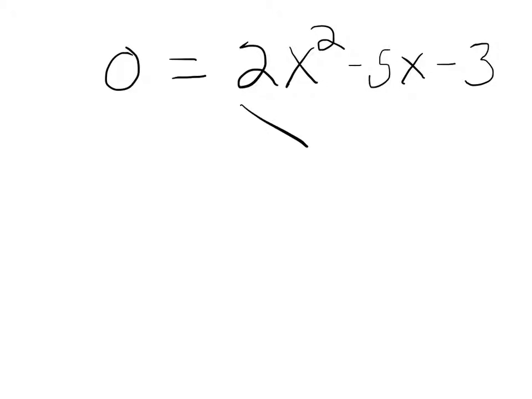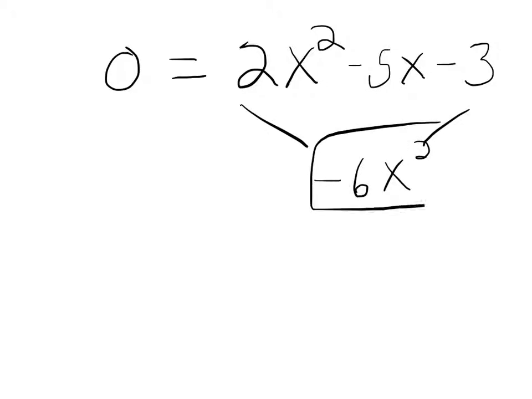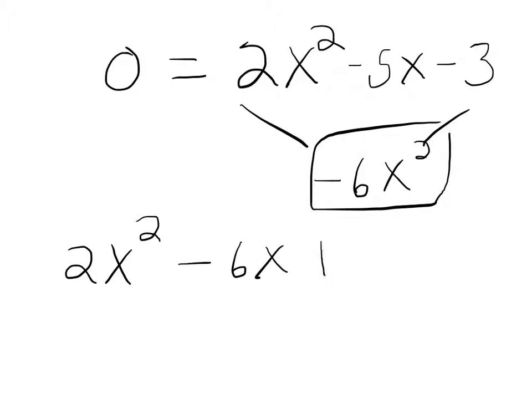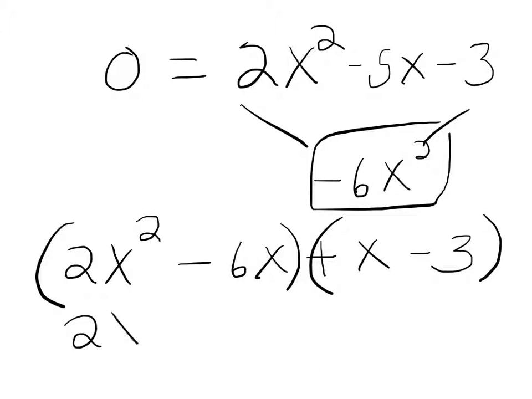And what I did for this is I went ahead and factored it. So that's a -6x squared. So I need two values that multiply to -6 that add to give me -5. So that's -6x plus x. And then I can group them. So if I take out a 2x, I've got x minus 3.